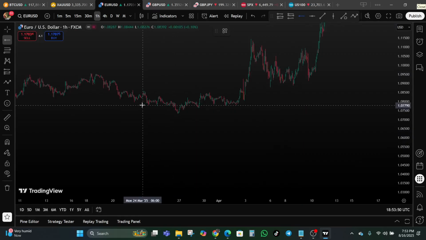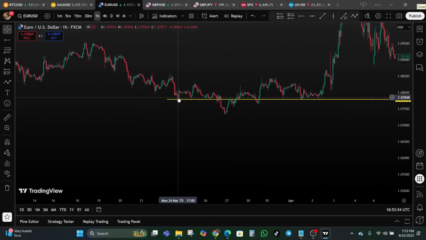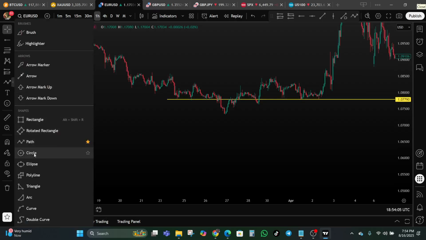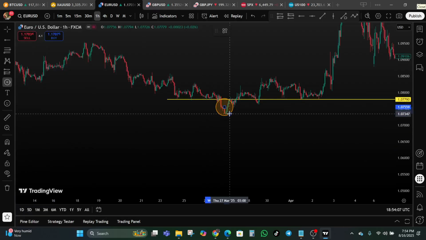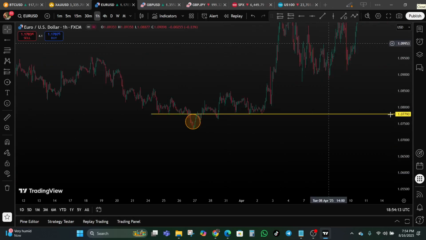Okay? For example, now just see what happened here. If you see price bounced off here, here, here, this is an obvious support zone. You can see how price was bouncing off several times. But look at what happened here. Why did price, tell me, why did price come below this support and hit people's stop loss and go back up?